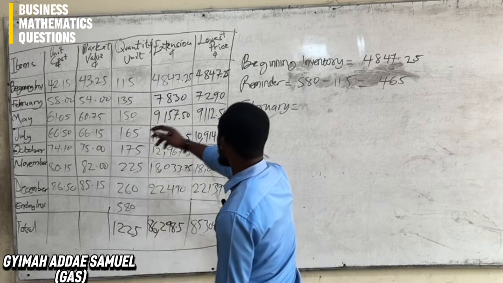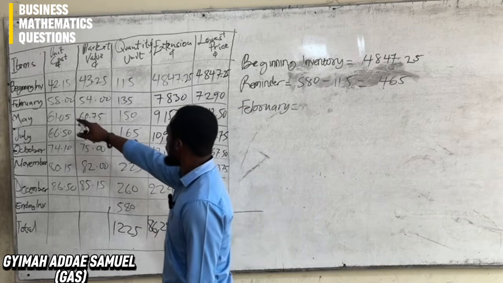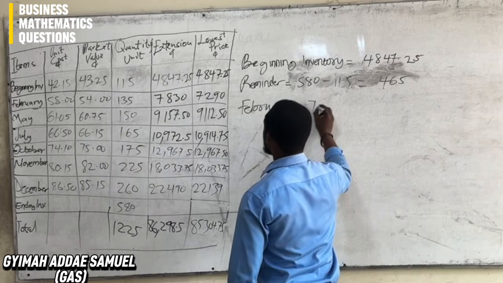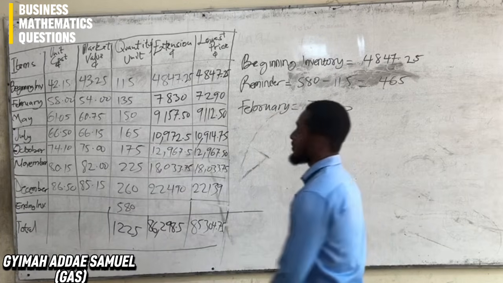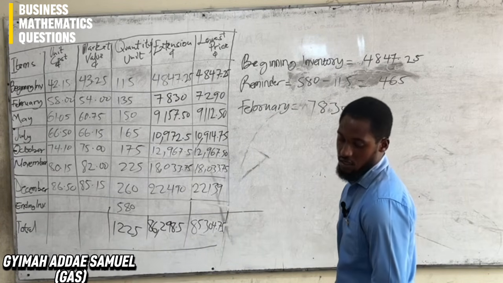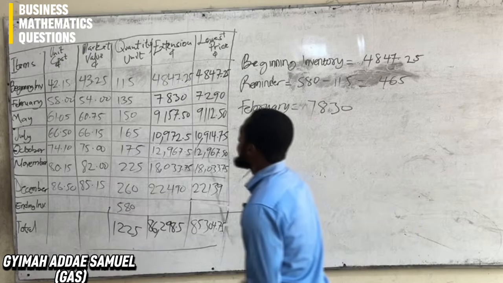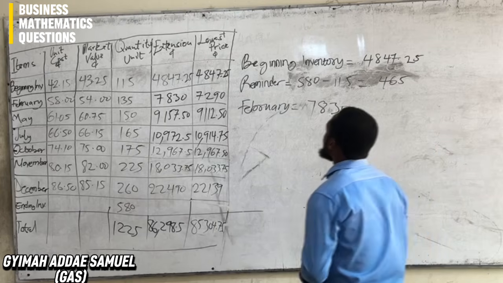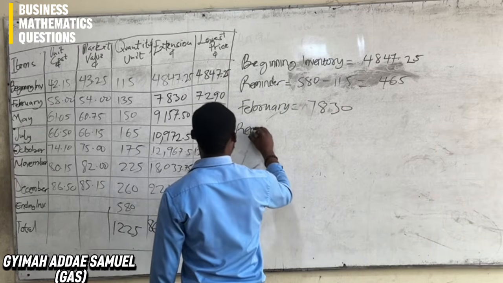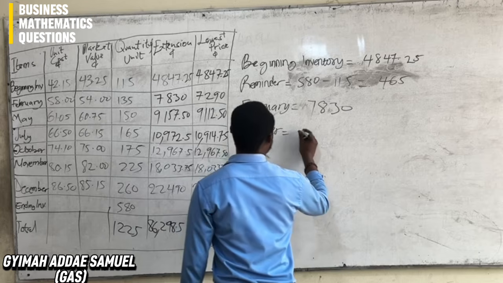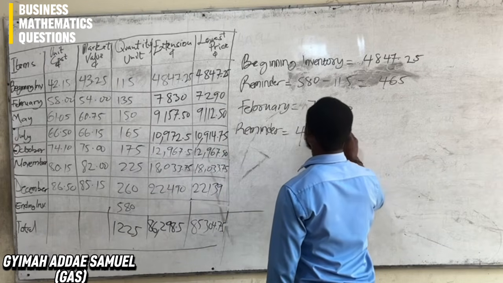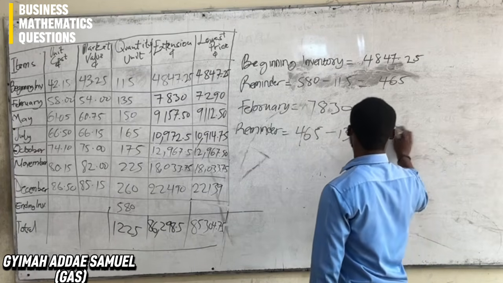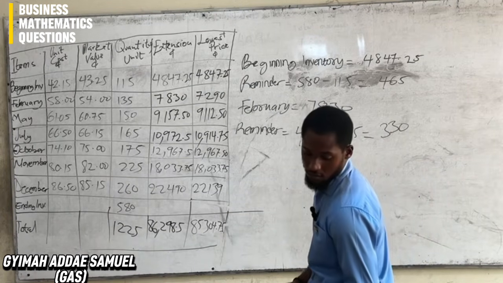With February, our extension, multiplying our unit cost by our quantity unit, gives us 7,830. And the remainder, where we subtract our quantity units from the remainder we had for the beginning inventory, is 330. We proceed to May.